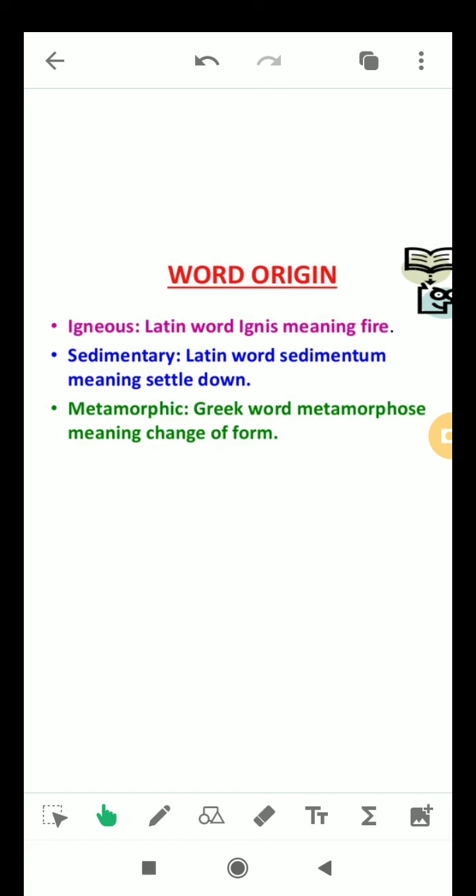Igneous is a Latin word meaning fire. Next we have sedimentary. Sedimentary is a Latin word, sedimentum, meaning to settle down. Igneous means fire, sedimentary means to settle down, and metamorphic is a Greek word, metamorphos, meaning change of form, that is, changing of the form of the rocks.